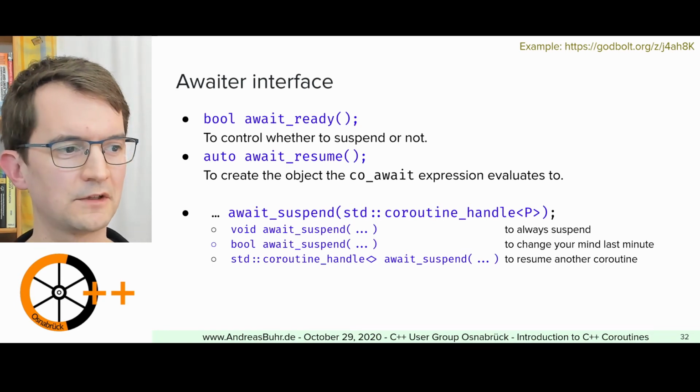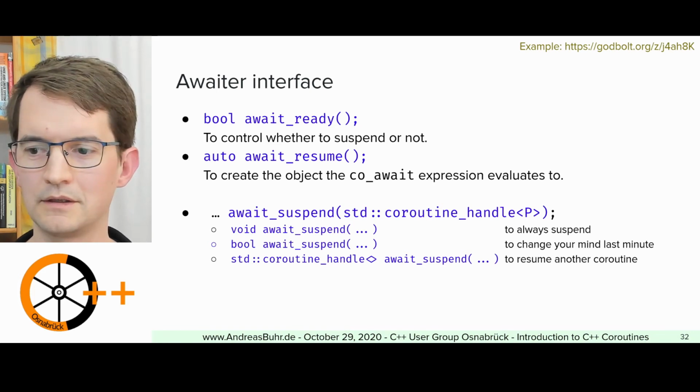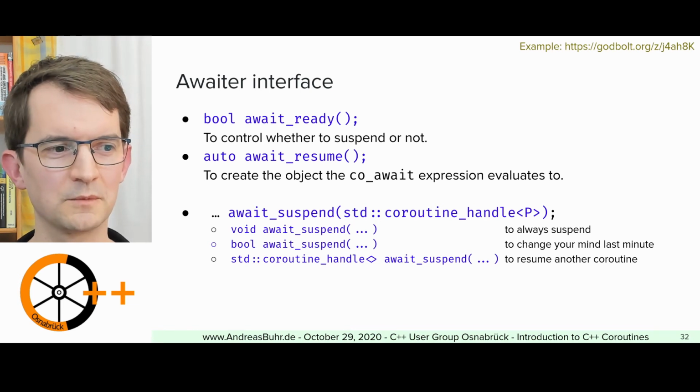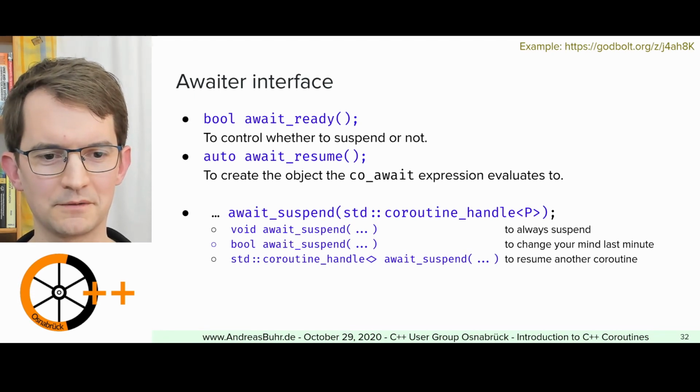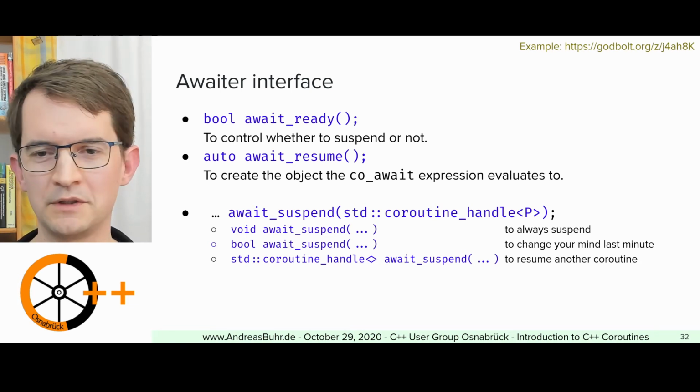Yeah, I would say if there are more questions, we discuss it at the end. And so the question was about the coroutine handle. Can it be copied and or can it be moved? The answer to that will be in the last section about the coroutine handles. You have to think of it like just a pointer to the stack frame.